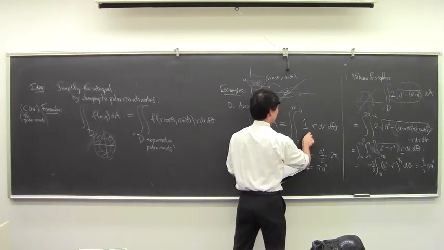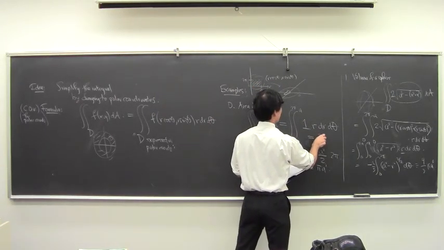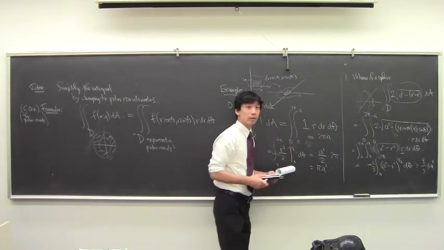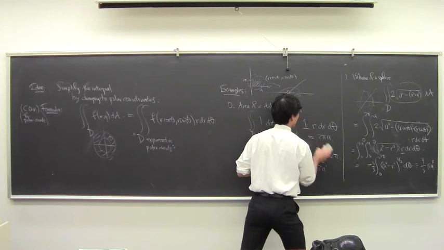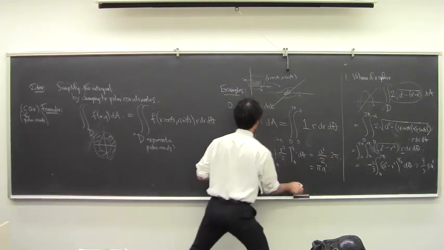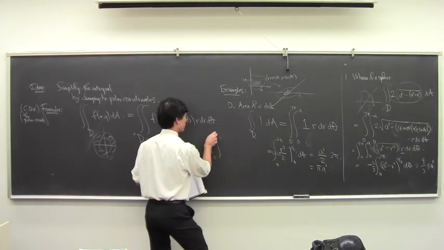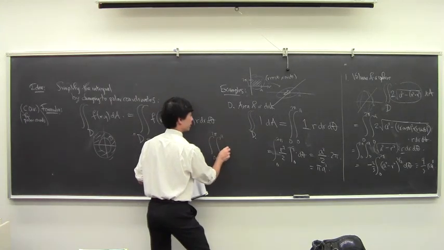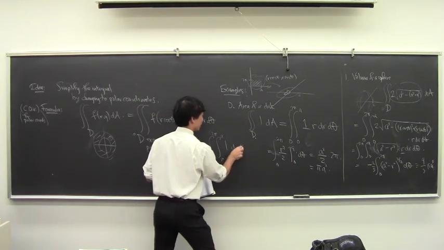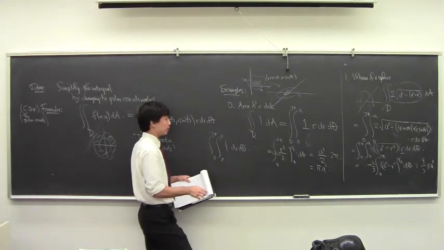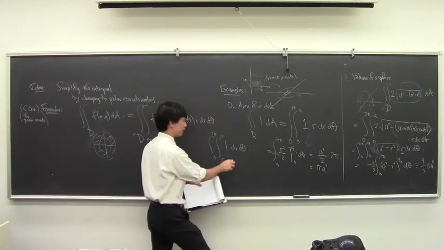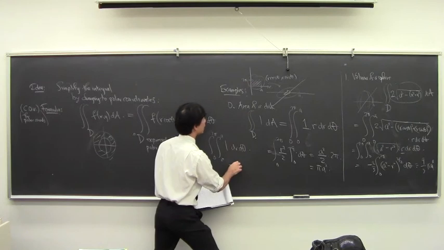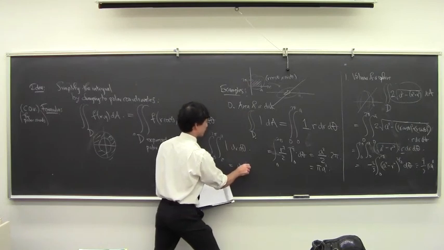What you get is going to be 2 pi times a. If we integrate 0 to 2 pi, 0 to a, 1 dr d theta, that's just the area of the rectangle, which is the length times the height.